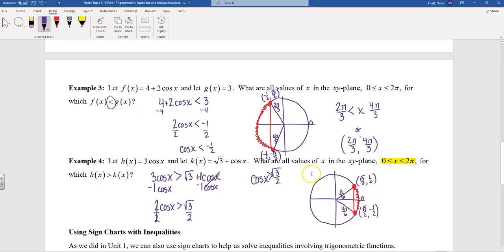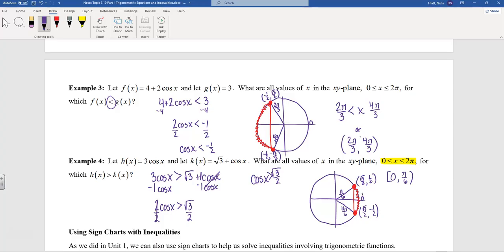So from 0 up to pi over 6, those are answers, right? Actually, I can use a bracket at 0, because at 0, that is one of my answers. It's not an endpoint. So I can use a bracket at 0 up to pi over 6, which is a parentheses, right?